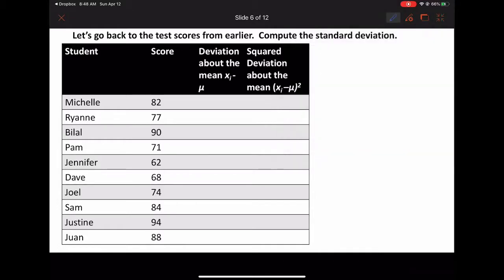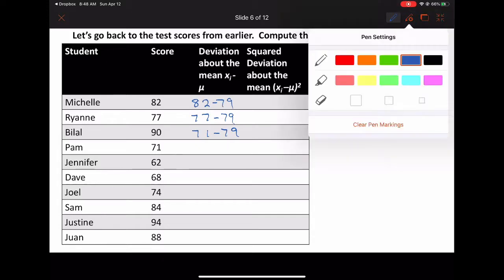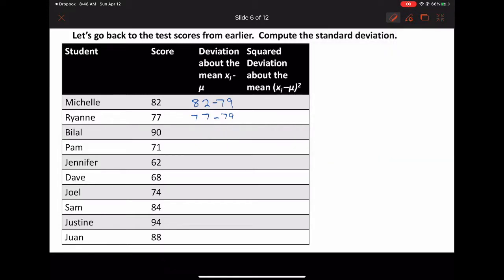All right. So hopefully you did it yourself. You paused it. So I'm going to move through this quickly. This says the data point minus the mean. So I do 82 minus 79. And then 77 minus 79. Just keep this all down. Sorry, I did something wonky here because I'm not paying attention to what I'm doing.